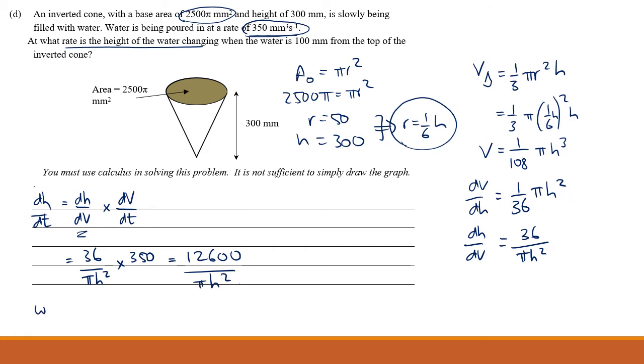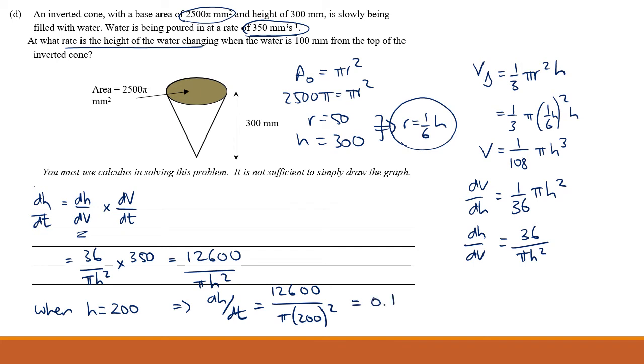Now, when the water is 100 ml from the top, so that's h is 200, we get an answer of dh by dt is 12,600 divided by pi times 200 squared. So that divided by pi lots of 200 squared, which should give you an answer of 0.1.